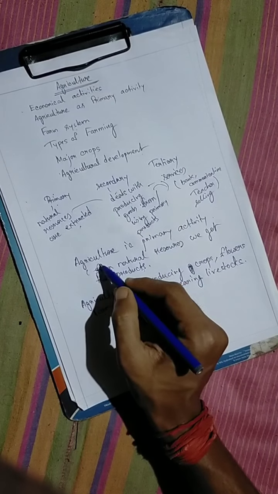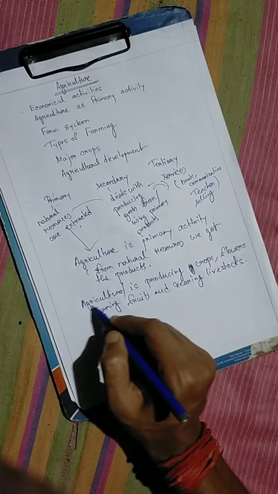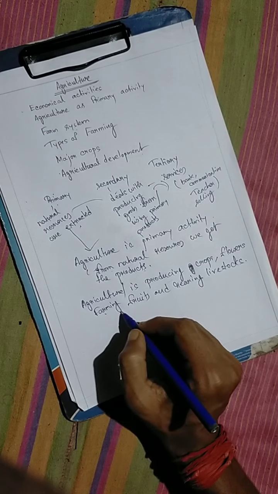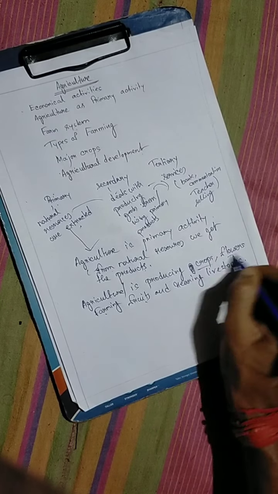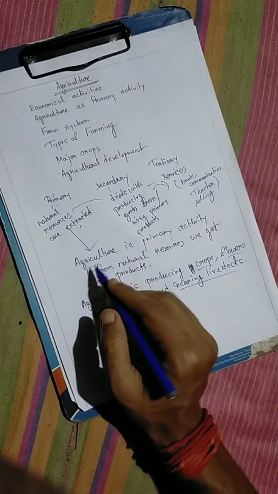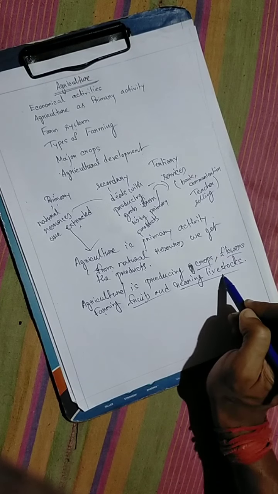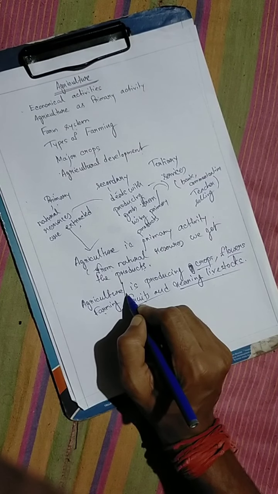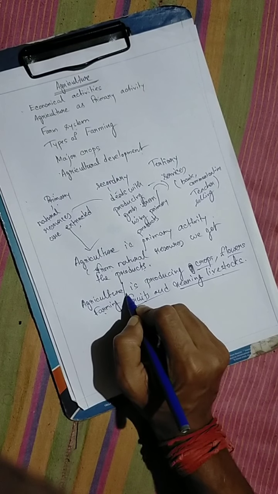In the same way agriculture comes under primary activity, because whatever we get, producing crops, flowers, fruits and rearing livestock, we directly harness from natural resources. They are part of natural resources. That's why agriculture is considered a primary activity. This question will be asked, you must know this answer.